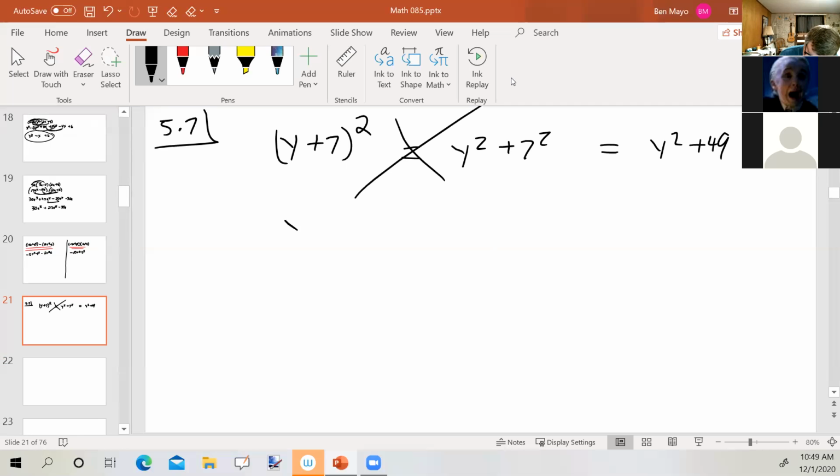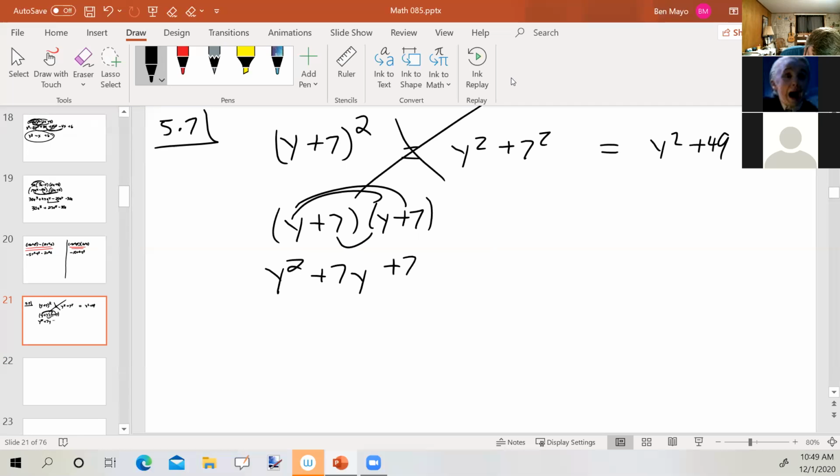What you've got to do is say, well, I've got 2 factors of y plus 7, and then we FOIL them together. So we get y squared plus 7y plus 7y plus 49, which is y squared plus 14y plus 49.